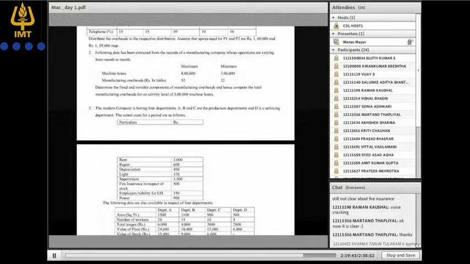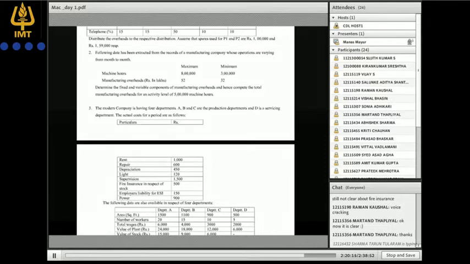Now question number 2. Following data has been extracted from the record of a manufacturing company whose operations are varying from month to month. So you have got machine hours. Maximum is 8 lakh and minimum is 3 lakh. Manufacturing overhead for these machine hours is 52 lakh when machine hour is 8 lakh, and 32 lakh when machine hour is 3 lakh.